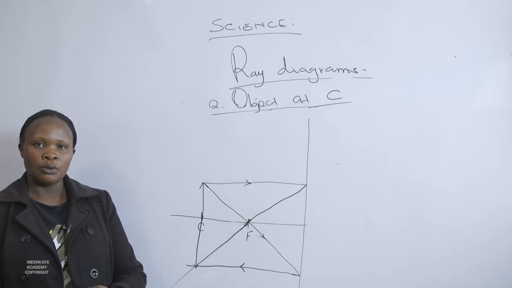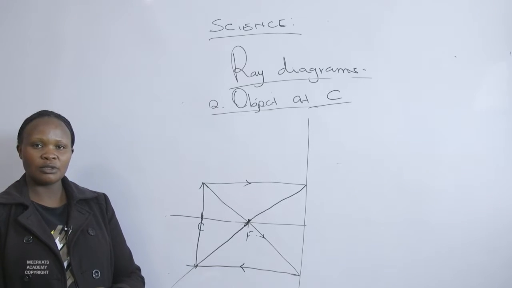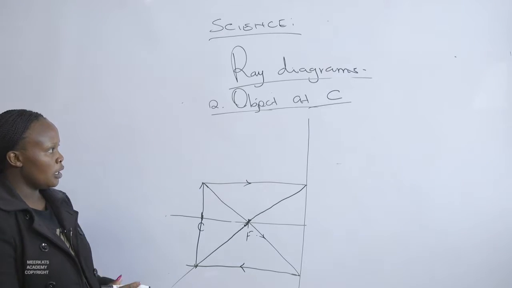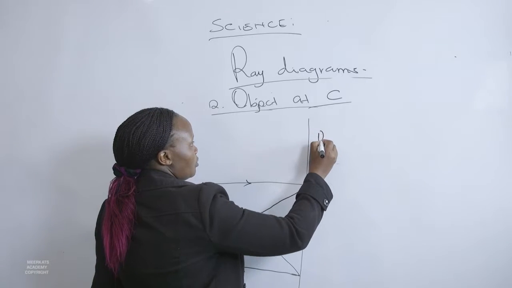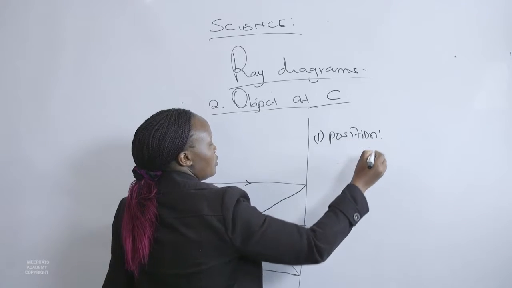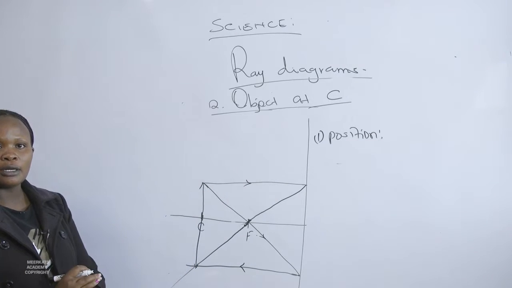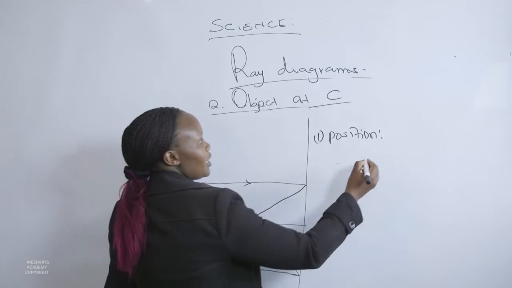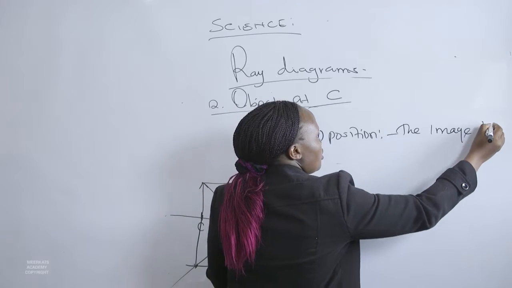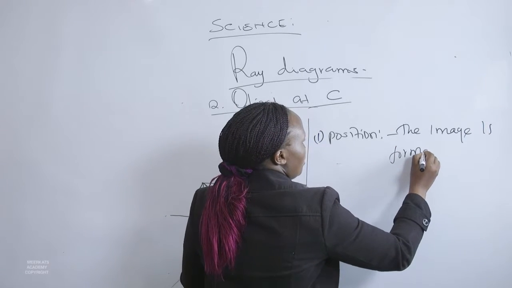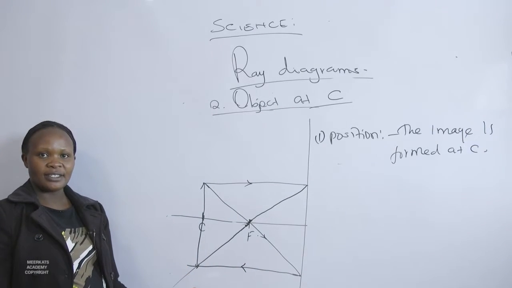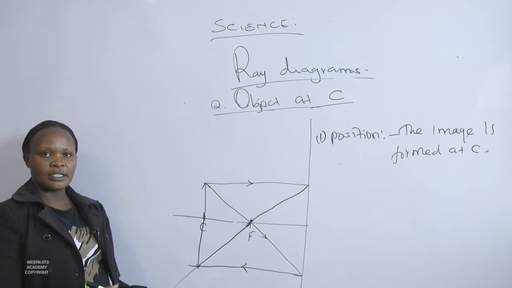Now, we cannot leave our diagram like that. We need to go ahead and describe the image that we have formed. We start by looking at the position. We can say that the image is formed at C. Like you can see, it is formed at C.